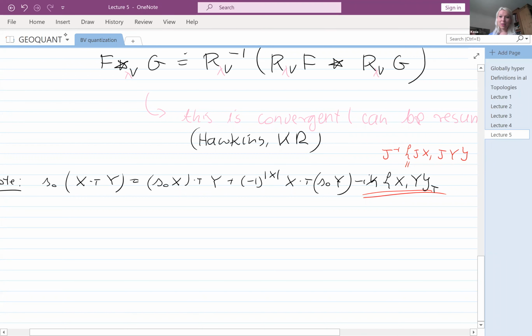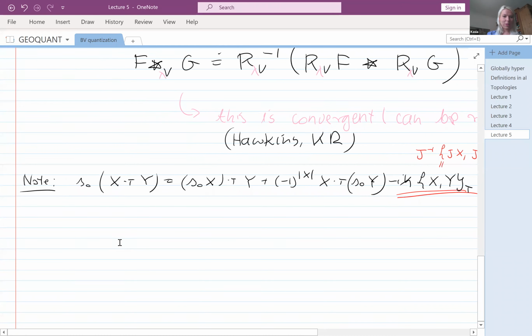I've heard many names for it; in the book of Costello and Williams, they call it Beilinson-Drinfeld algebras, BD algebras. So the differential, the product and the bracket can all be organized in the structure of a Beilinson-Drinfeld algebra.